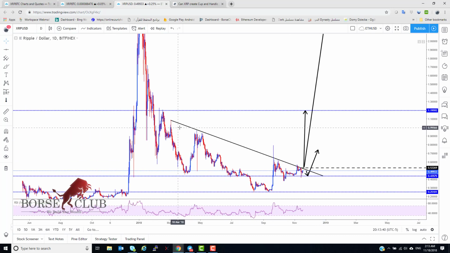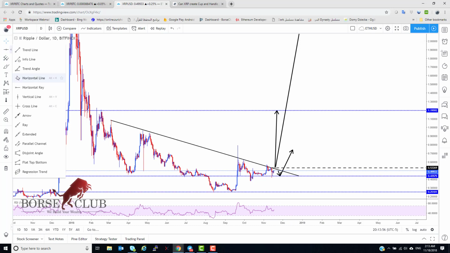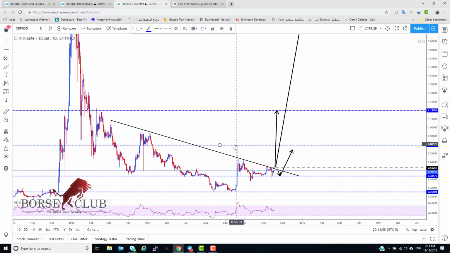So if you are going to invest against dollar, now just by breaking above 53 cents, the target will be $1.20. Because if you see, this is a spike which hit here about 80 cents. This was because of the seminar done by XRP, I think on the 21st of September.